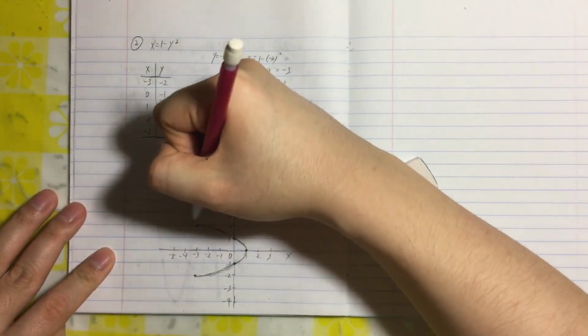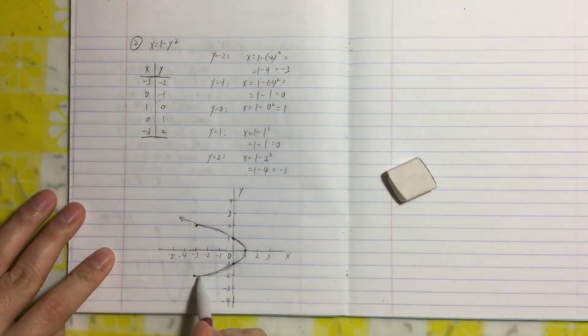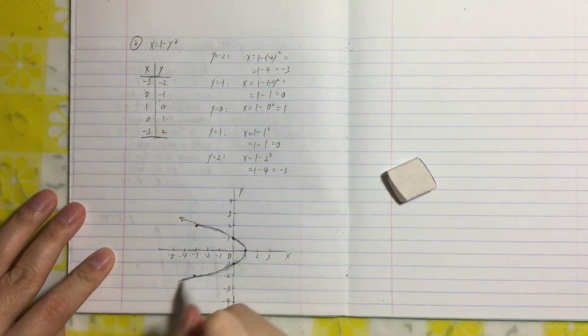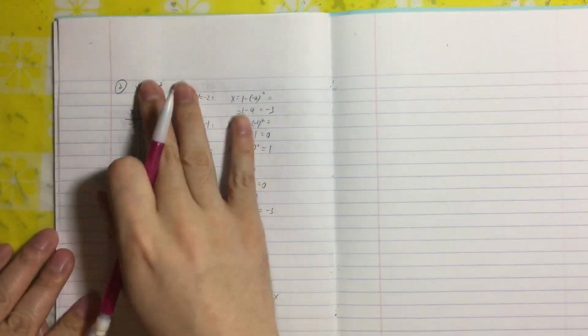Don't stop here. Extend the curve and follow the same path. That's the graph of this equation.